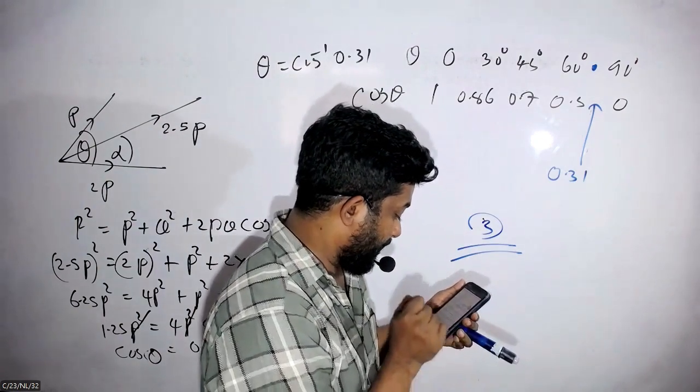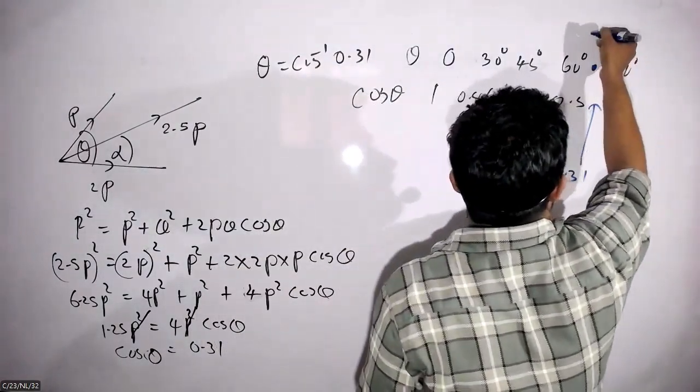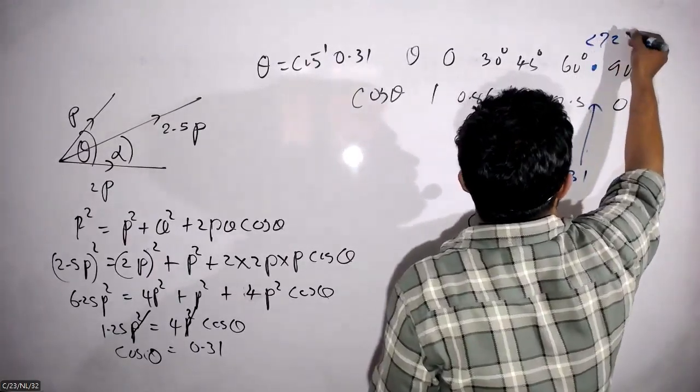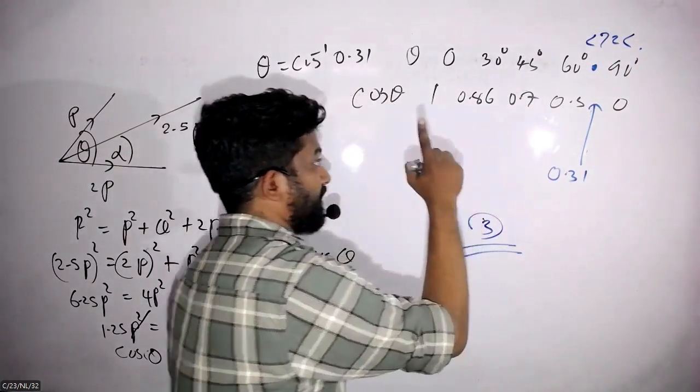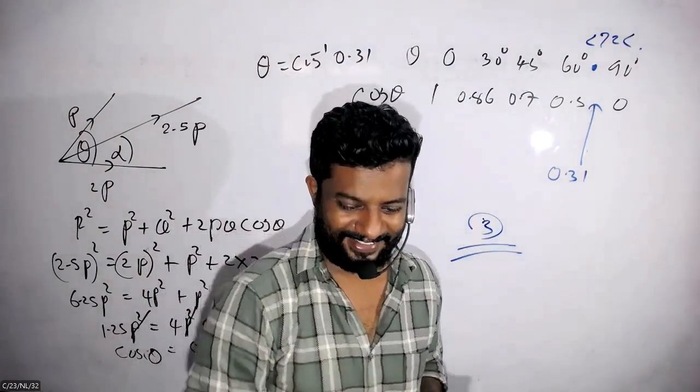The answer is the third one, 72 degree. 72 degrees is greater than 60, less than 90. Therefore, the answer is 72 degrees. That is the third one, right?